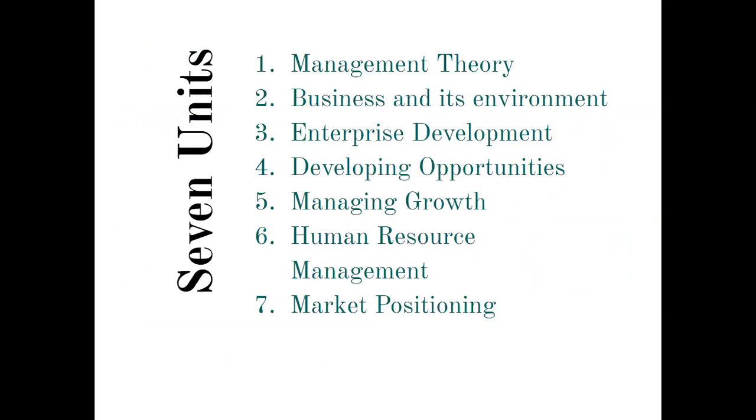Unit 4 looks at developing opportunities. Unit 5 looks at managing growth. Unit 6 looks at human resource management, and Unit 7 looks at market positioning. And while the units deal with business and enterprise very much, they also deal with social enterprise. So we'll be looking at this in the context, maybe I think it can be quite useful for community enterprise or social enterprise as well as traditional businesses.